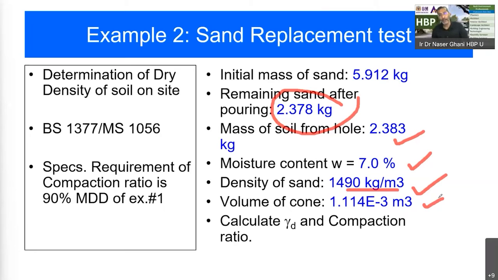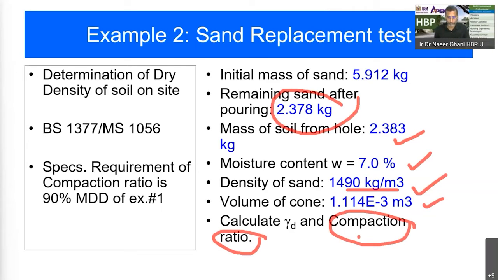And from there, we are able to calculate the bulk density, the dry density, and also the compaction. And then finally, check the compaction ratio. Compaction ratio means the result from the field density test compared to the result from the lab test. So that's what we are looking for, to verify whether the work on site is acceptable or not.